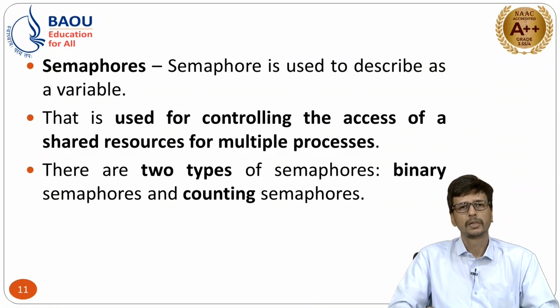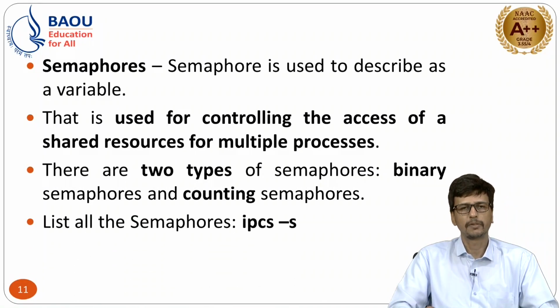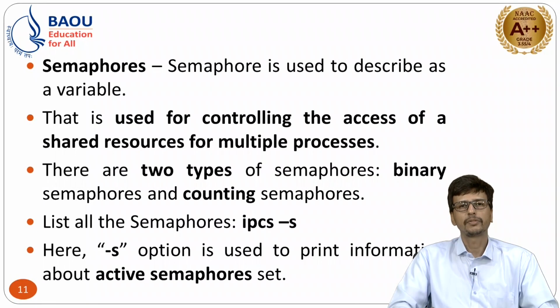When that process has successfully finished, the resource is released and becomes available to another process. This way you can share resources and prevent the deadlock condition. That's why we are using the semaphore. To see all the active semaphores, you can use the option s, right?